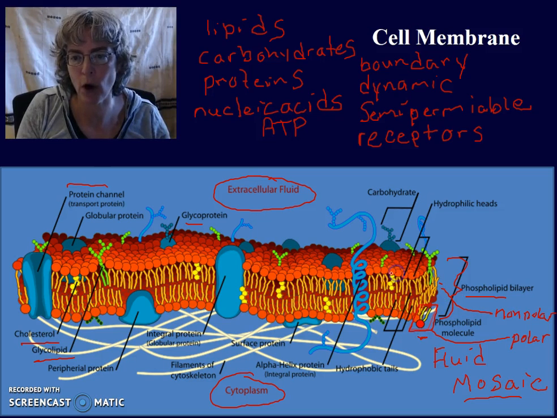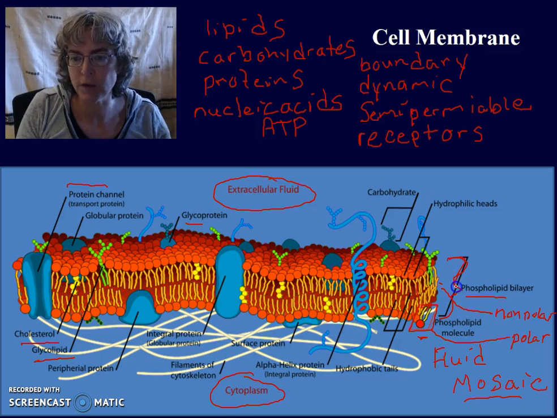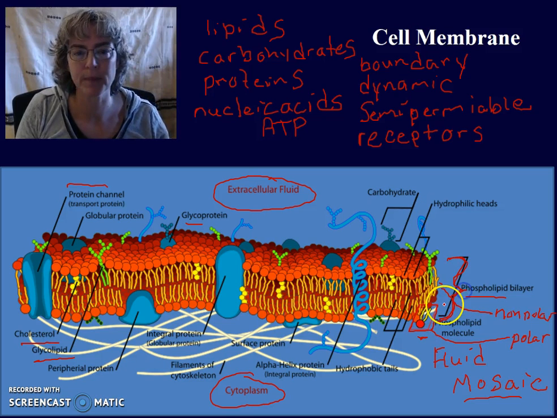These balls are all the phospholipid heads, and these are all the tails. And it sets it up so that the heads are on the outside because they have a charge and they're attracted to each other. And the tails are a lipid and they're nonpolar with no charge and they're attracted to each other. So it sets up this phospholipid bilayer.